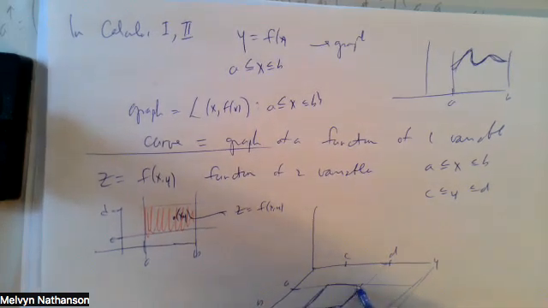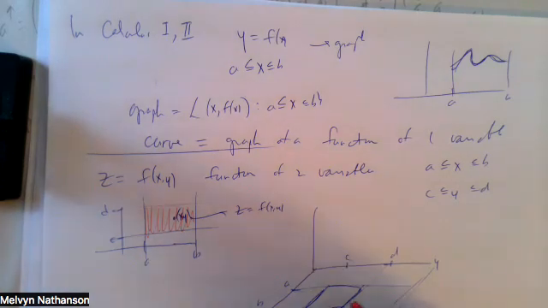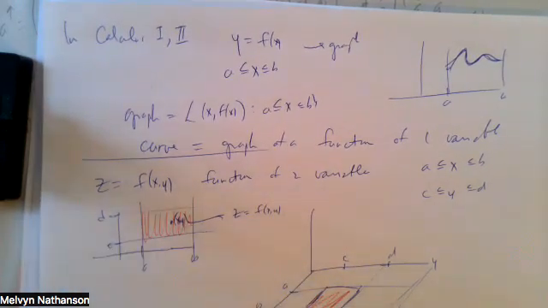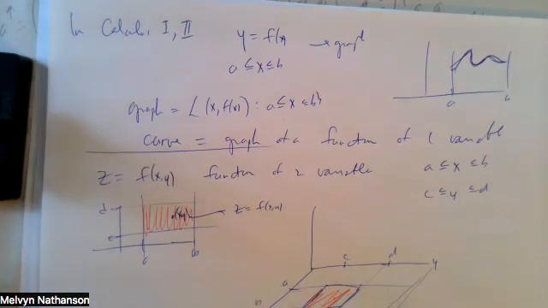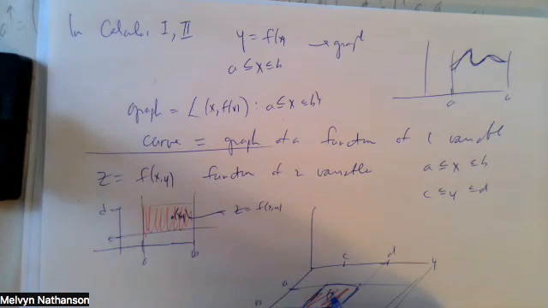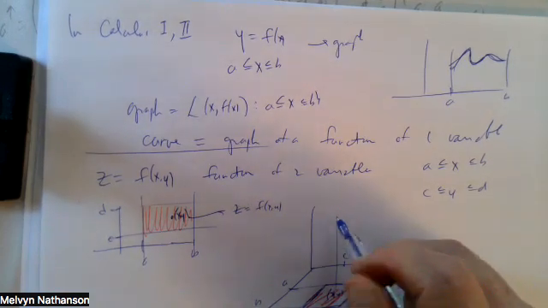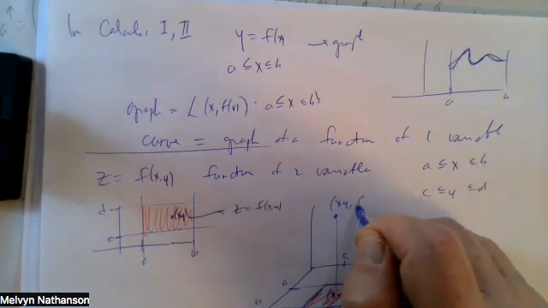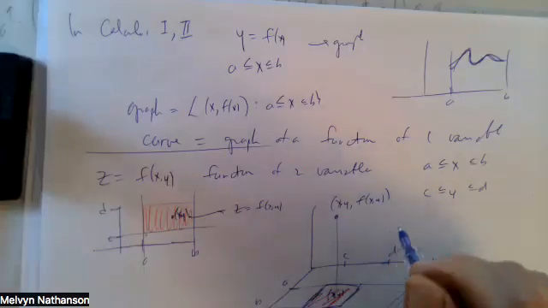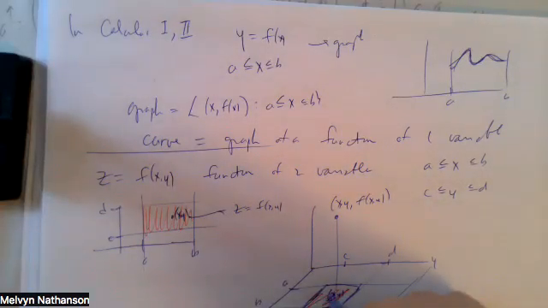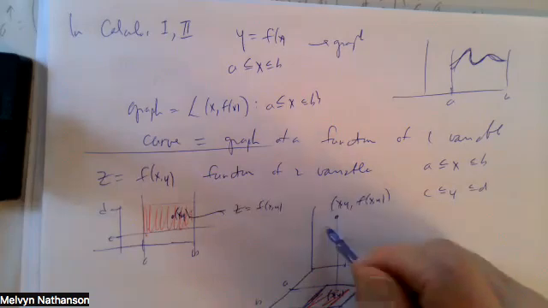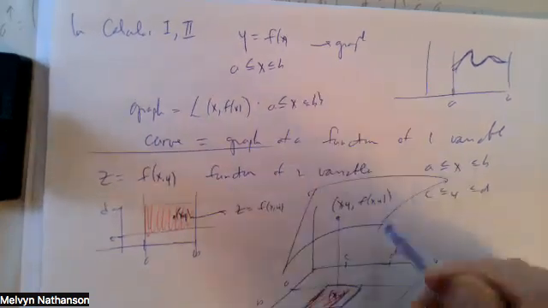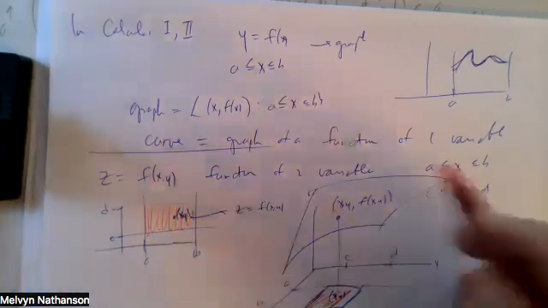So with this perspective, this is the same rectangle. And for every point xy in this rectangle, I look at the point above it with coordinates xy, f of xy. And as xy varies through this rectangle, these points will vary in space.